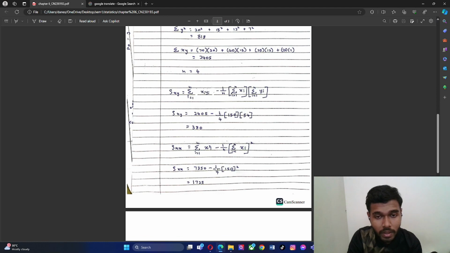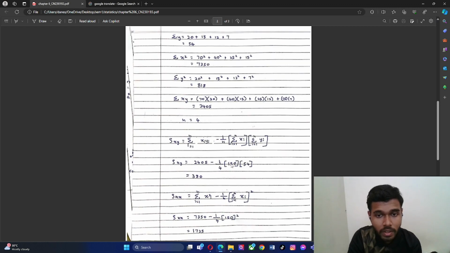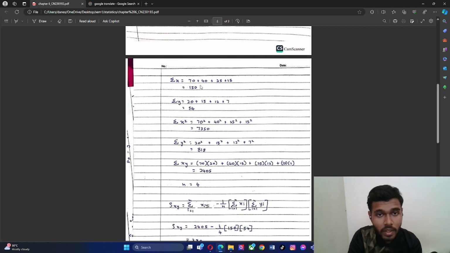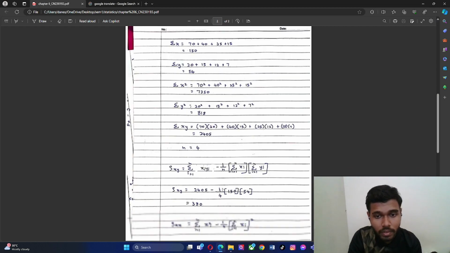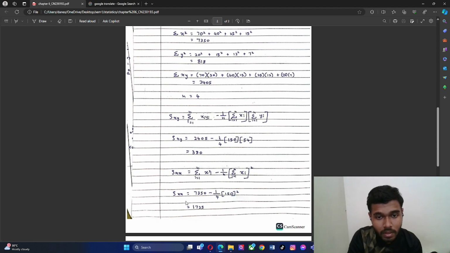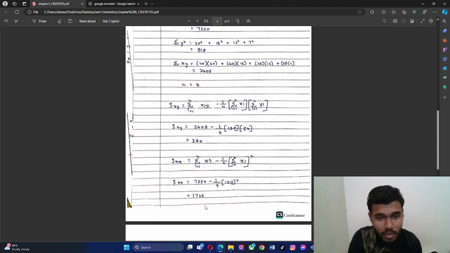After that, minus 1 over 4, which is n, times 150 squared, where 150 is the total of the x values. This is the calculation, and the overall answer is 1725.